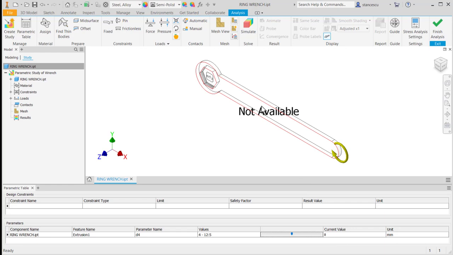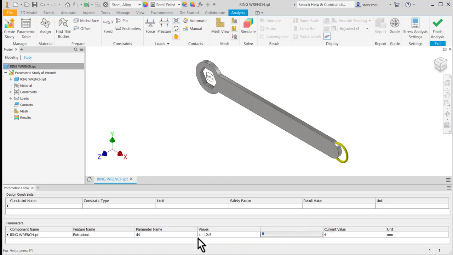Not important what you see here. The simulation didn't start. Yes, you see the steps 1, 2, 3, 4, 5. You see? This 5 is the number of steps between 4 and 12. In the previous tutorial we used these limits, 4 and 12.